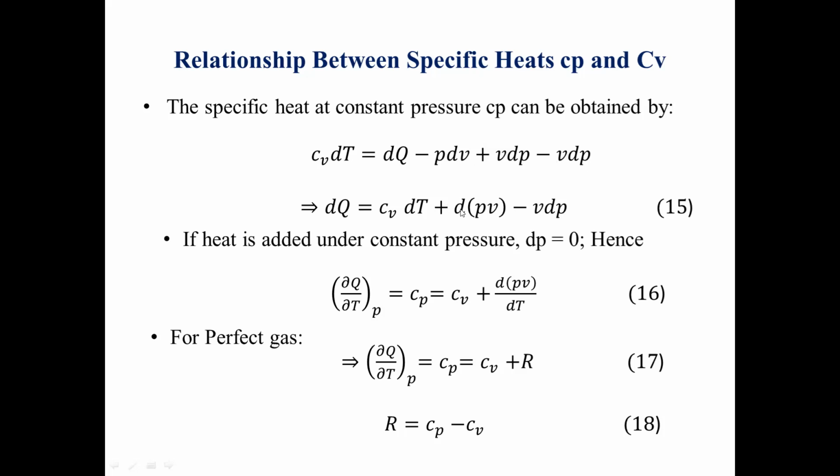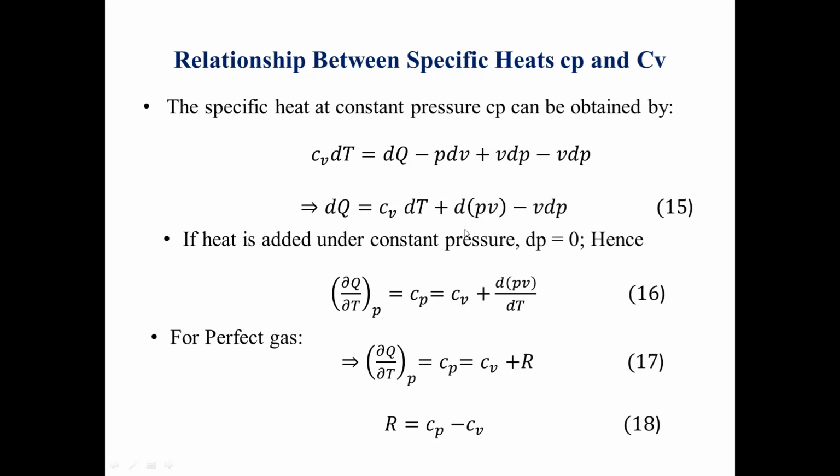Actually, this is just expanding the derivative of PV. So we can collect some terms and represent this as dQ equal to Cv dT plus d(PV) minus VdP. PdV plus VdP is given by the derivative of PV.